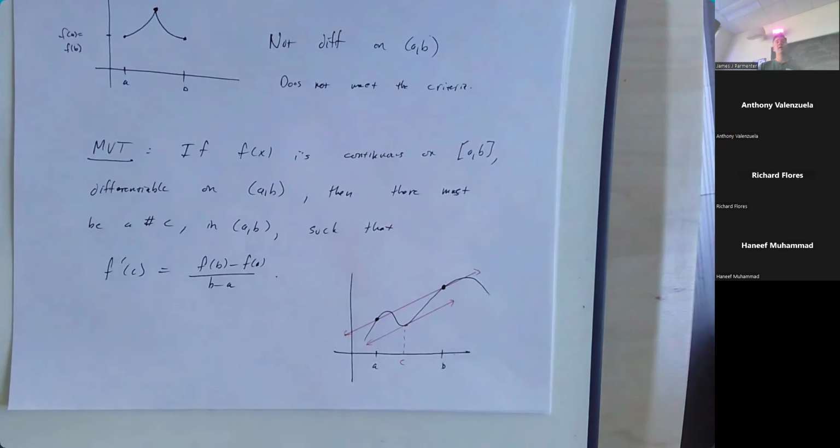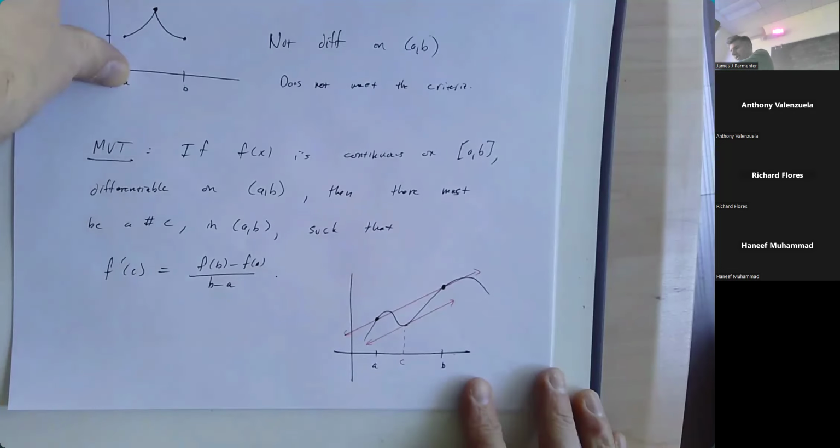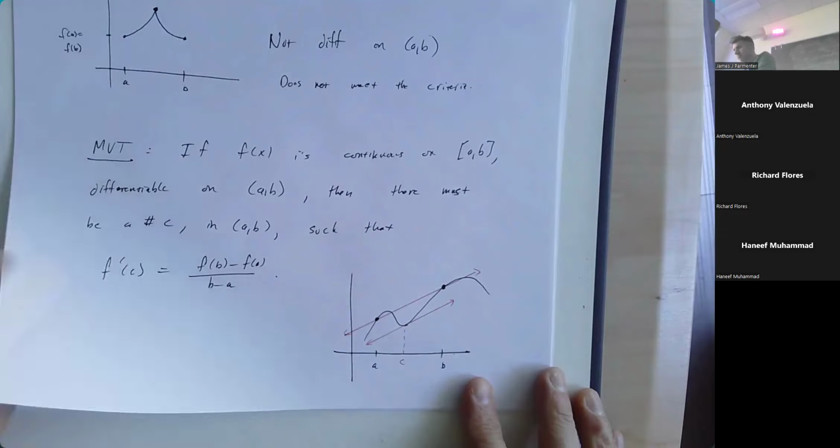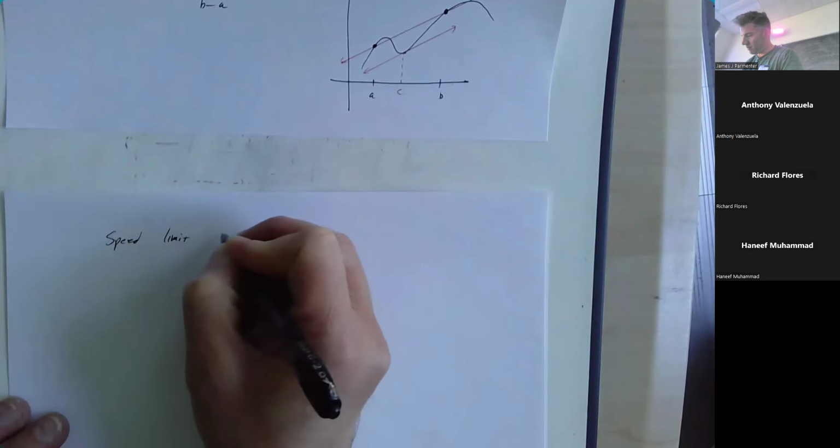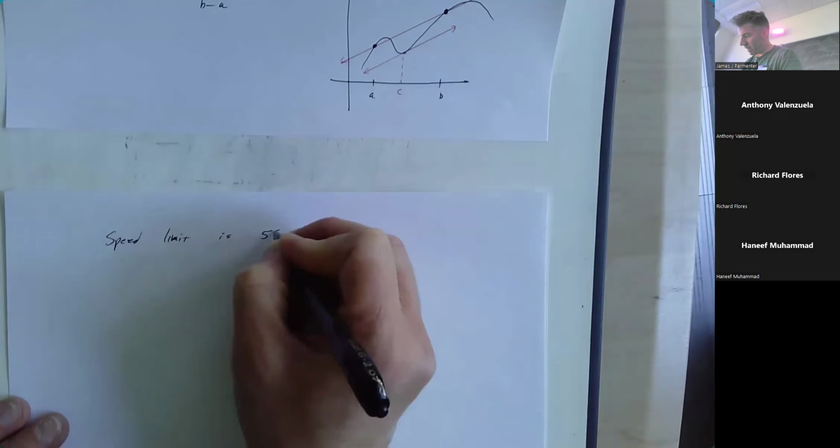Or in other words, there's a place where the instantaneous rate of change has to equal the average rate of change. So here's a fun question. I know we only have a minute, but I'm asking anyway. The speed limit back in the day is 55 miles per hour.